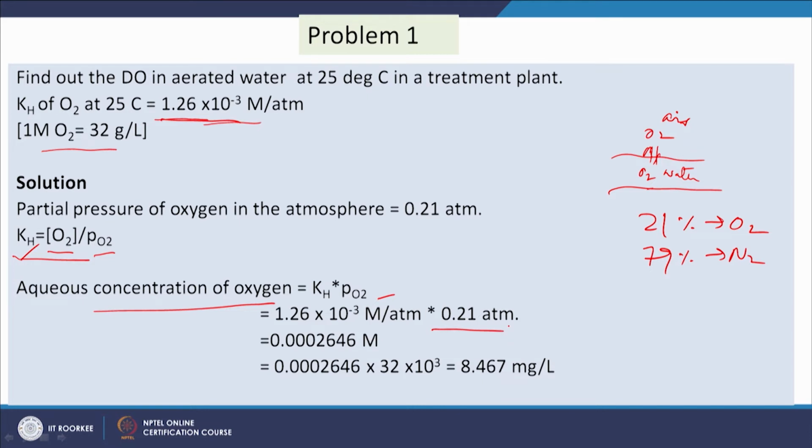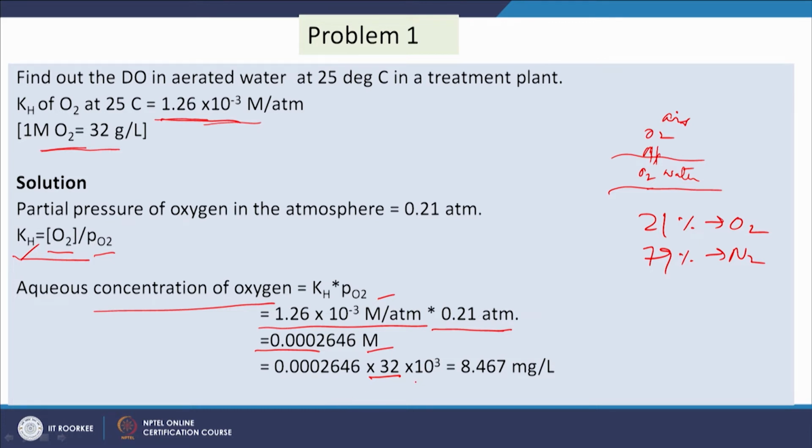1 atmospheric pressure. So we put the Kh value here: 1.26 into 10 to the minus 3 mole per atmosphere into 0.21 atmosphere. The atmosphere will cancel, and we get 0.0002646 M. Then 1 mole of oxygen is equal to 32 gram, so we multiply by 32 to get grams.